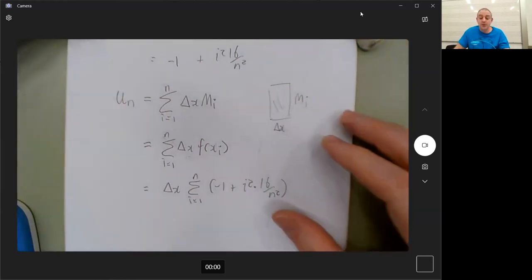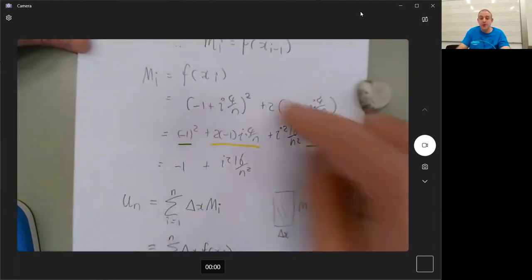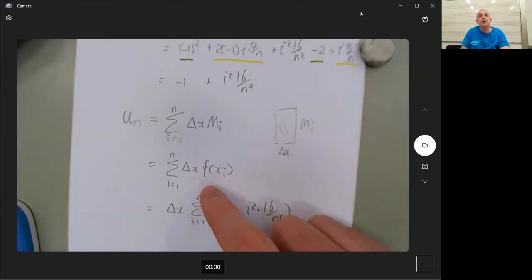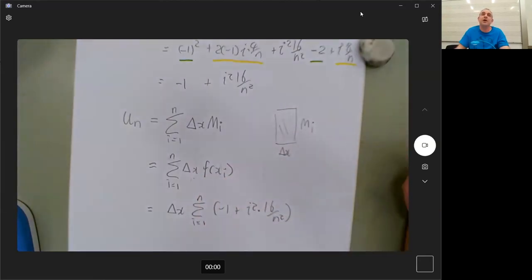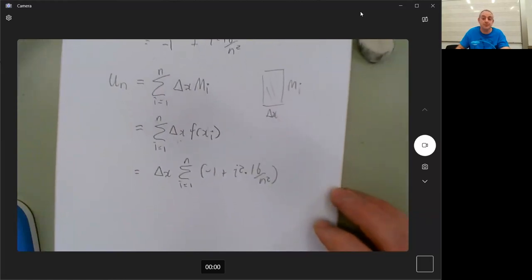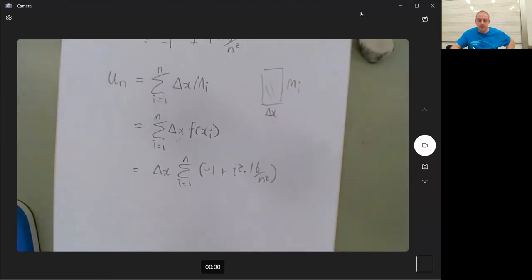There's nothing stopping you doing this working here, except nobody wants to write sum signs 15 times. So, what was that? You can.